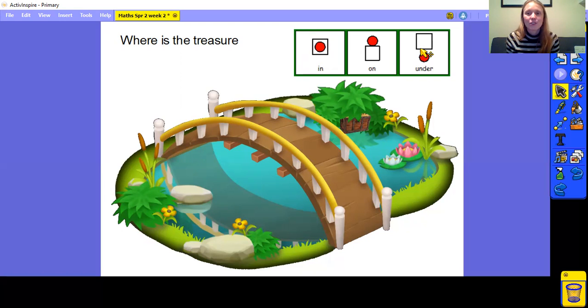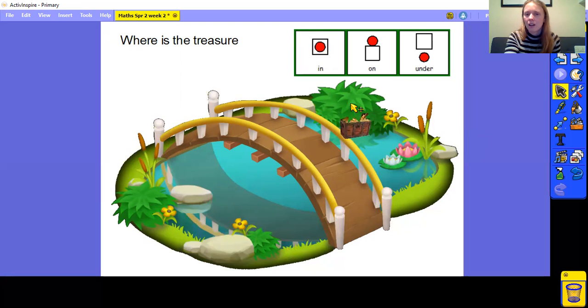Okay, did you find the treasure? It was really tricky this time. Let's have a look. Oh, I can't see it over here. Or here. There it is. Here is the treasure. But where is it hiding?